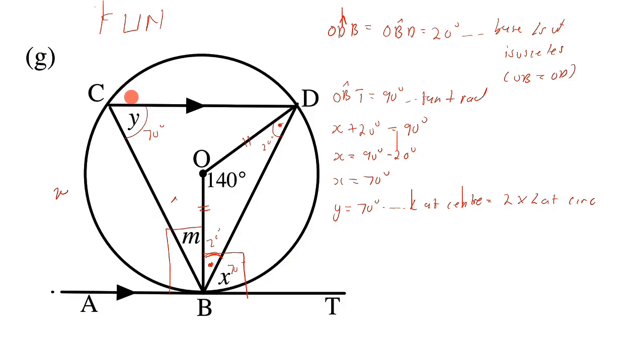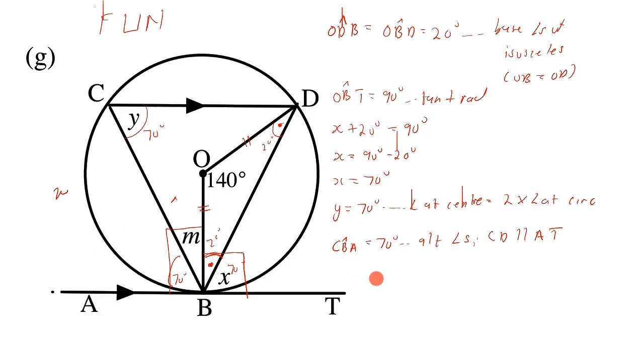What do we know about alternate angles? Alternate angles are equal. So this angle here should be equal to 70 degrees. We'll call that angle CBA. So angle CBA is equal to 70 degrees. And the reason is alternate angles, for CD parallel to AT. So we have 70 degrees here.